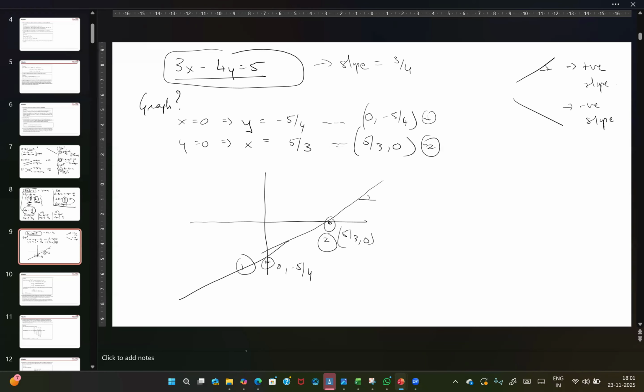Why is this required? Because some questions might want you to find the area between two lines and an axis. Suppose you get a problem where L1, L2 are two lines. What is the area of the triangle formed between L1, L2 and the x-axis?